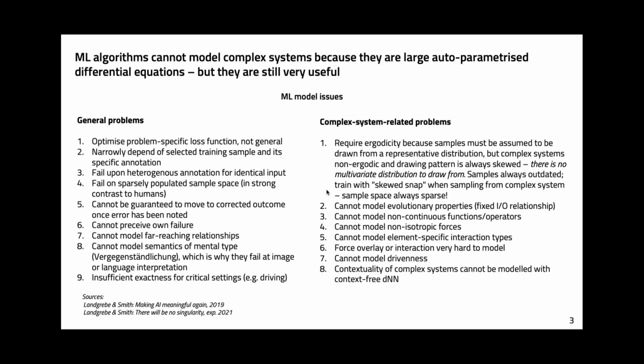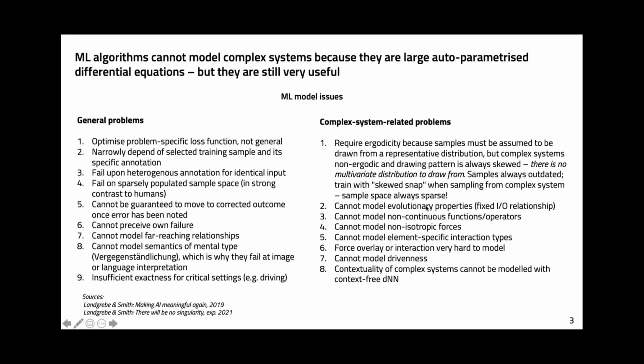These problems are related to the fact that human behavior is emanating from a complex system, the human. So if you look at what the problem is here, first of all, machine learning models require ergodicity, because the samples must be assumed to be drawn from a representative distribution. So if you want to train a complex system, you need to have a representative distribution, because next time you draw a sample, if it doesn't come from the distribution which you used to train, the model will fail because of reason number 4.